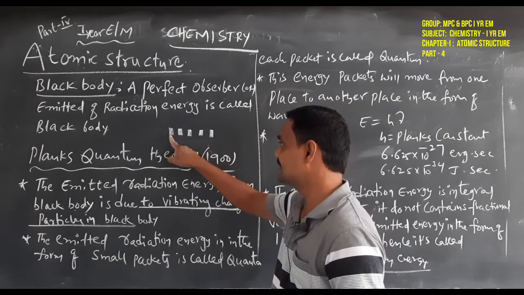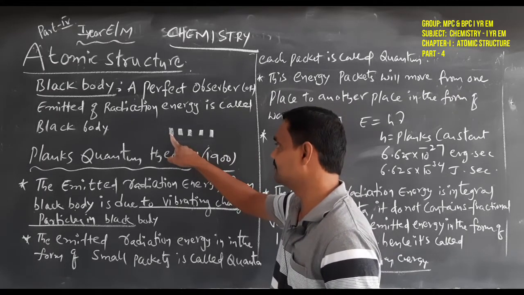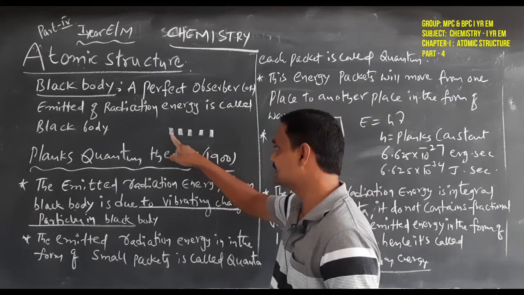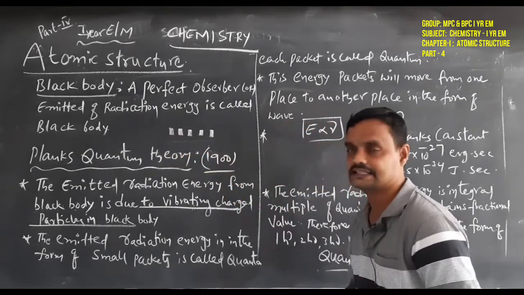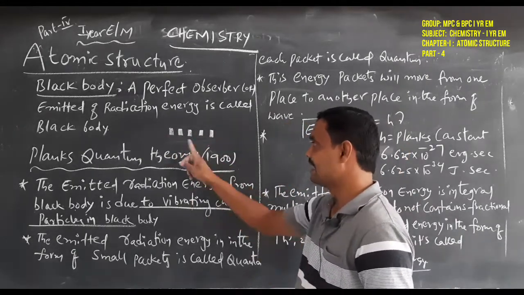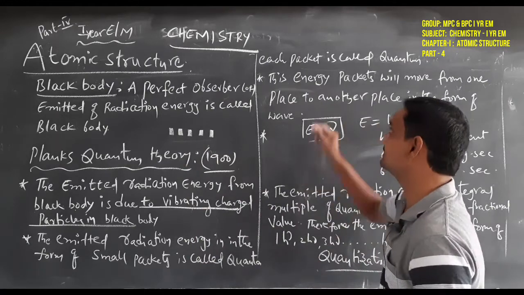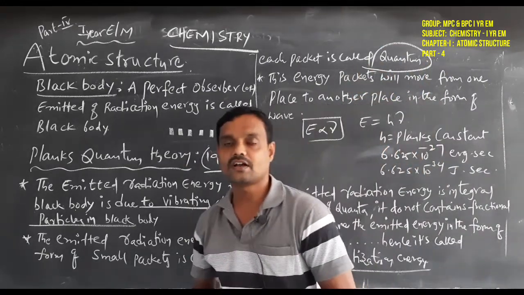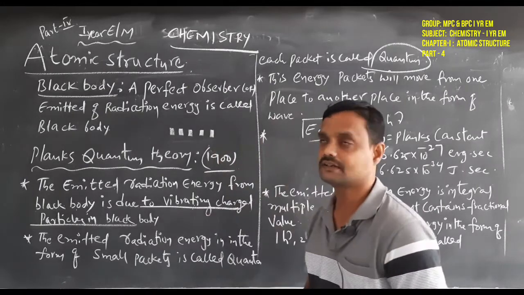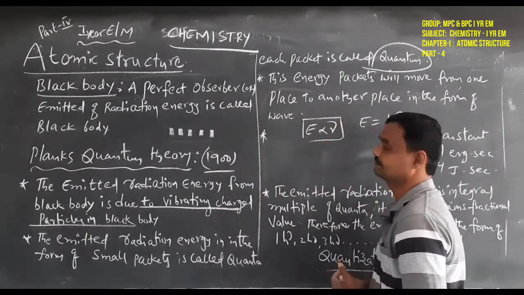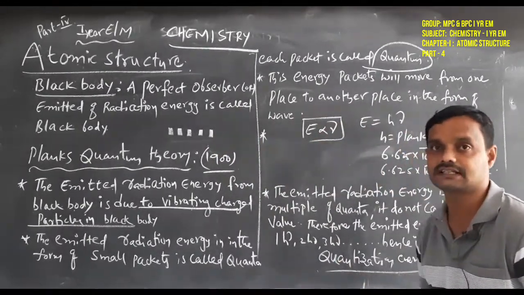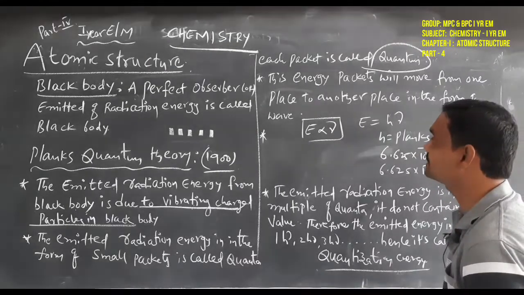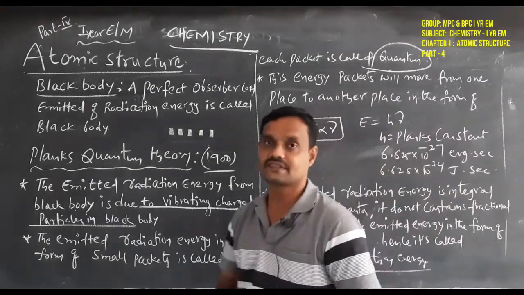So the emitted radiation energy from the black body is in small packets. Hence those small packets are called a quantum. So this is the second postulate, the second assumption in Planck's quantum theory.